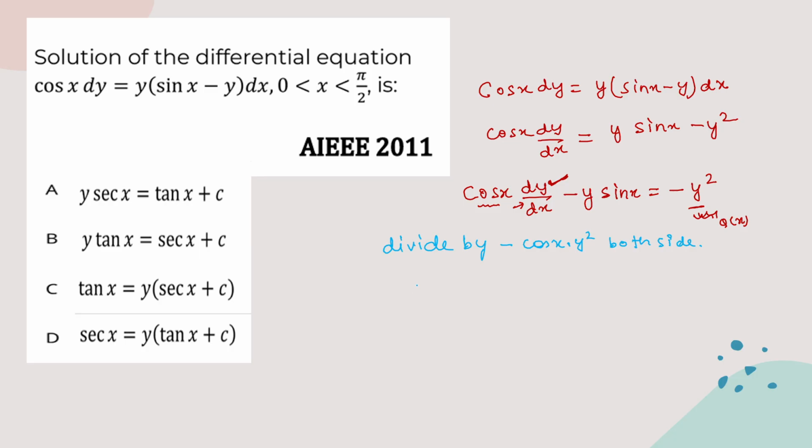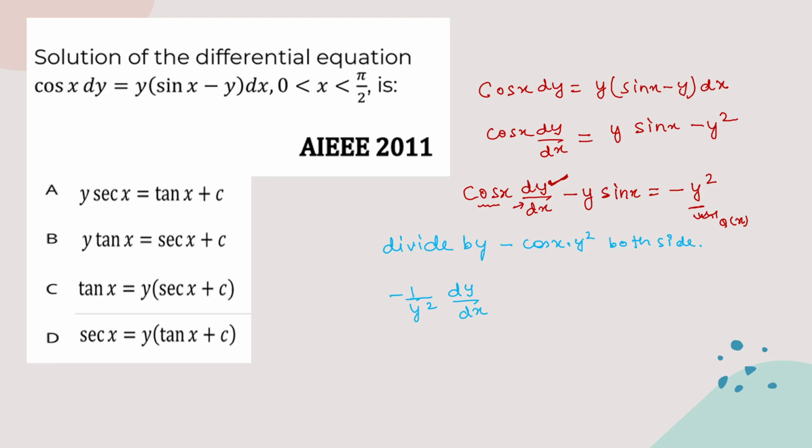And when you do that, on the left side you will be getting minus 1 by y square into dy by dx, because cos x and cos x are gone. Then negative and negative is gone, and y will be multiplied.